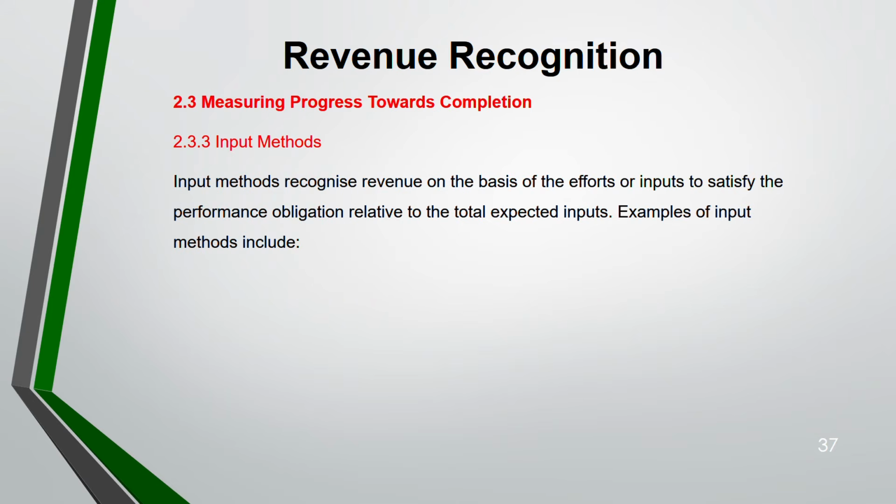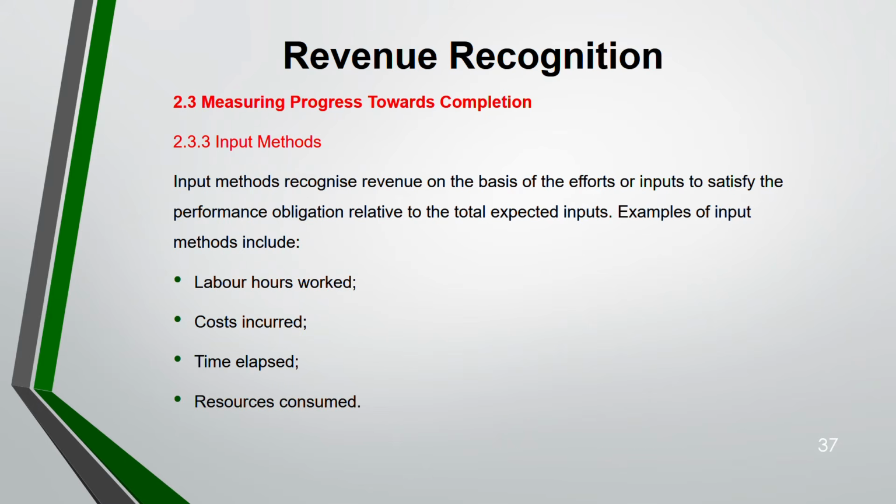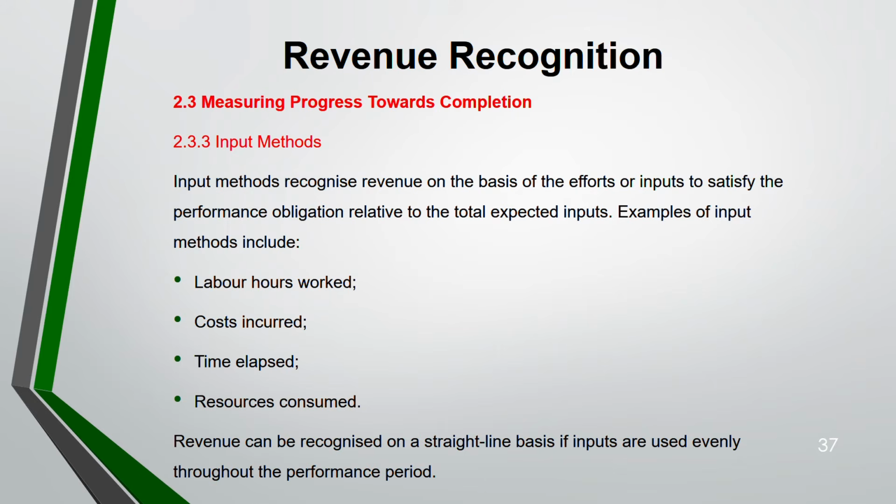The input method, also known as the cost method, looks at the input, based on your effort or input to satisfy the performance obligation relative to the total expected input. Examples are labor hours worked, cost incurred, time elapsed, and resources consumed. Revenue can be recognized on a straight line basis if inputs are used evenly throughout the performance period.